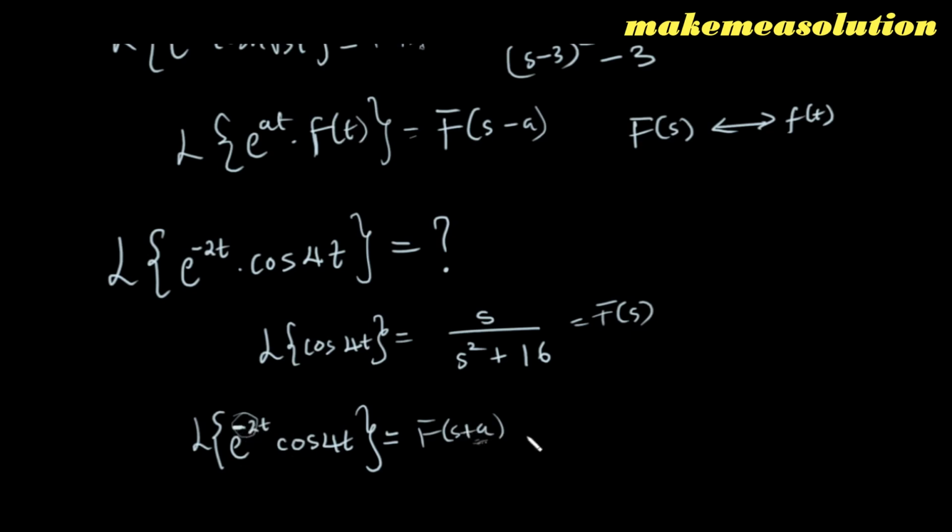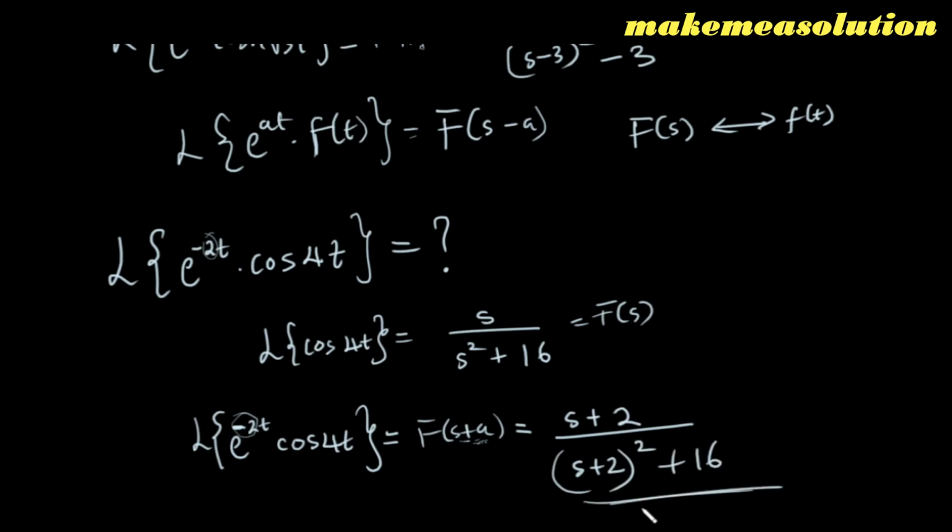So remember the theory. If you apply this, anywhere you see s, replace it with s plus a. You have s plus 2 in this case because your a is 2, and you now have s plus 2 all over s plus 2 squared plus 16. So this is the answer to this particular one. I hope you understand.